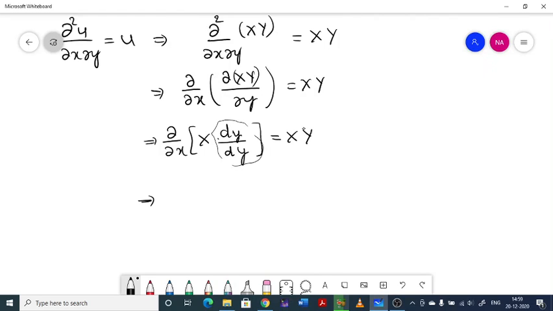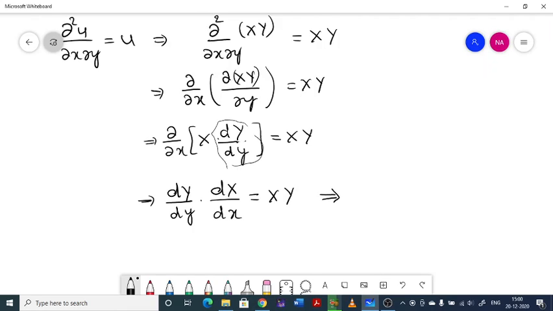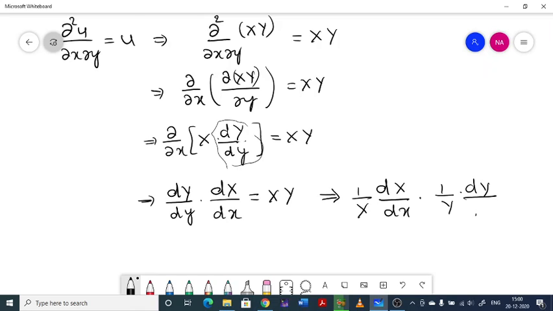So y is treated as constant, so this y you have to treat as constant, so d capital Y, you get d capital Y by d small y into derivative of capital X, d capital X by d small x equal to capital X. Dividing both sides by capital X into y, you get 1 by x into 1 by y into d capital Y by d small y equal to 1.